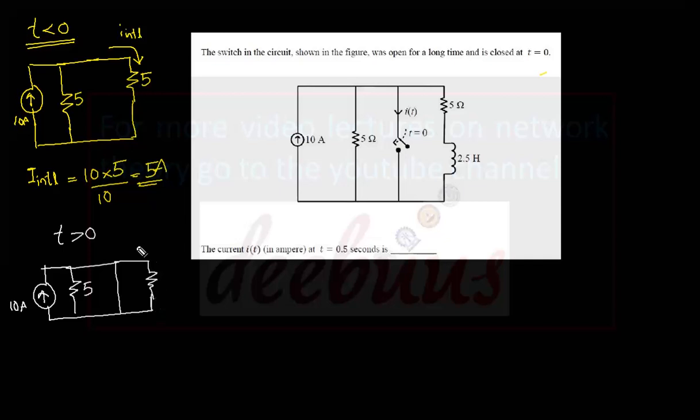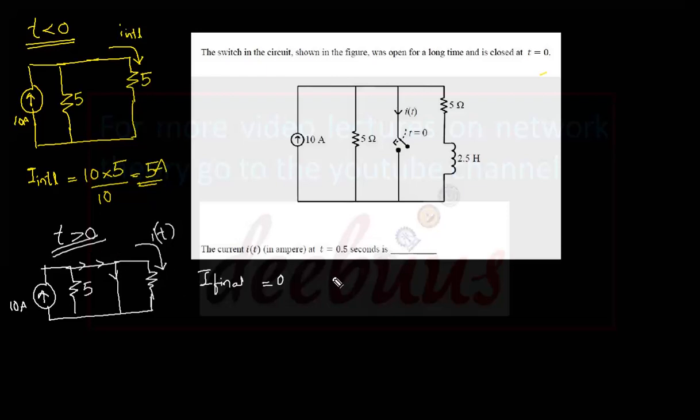Now we can calculate the final current. I final becomes 0 as the whole current will pass through this short circuit and no current will enter this arm. In this arm the inductor is there, and as t tends to infinity the inductor behaves as a short circuit. That's why I drew it like this.